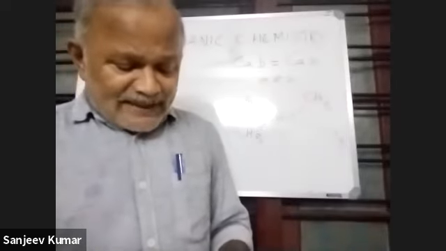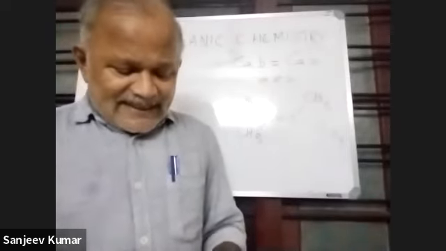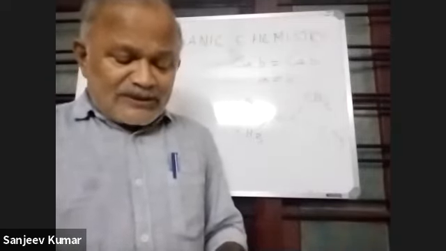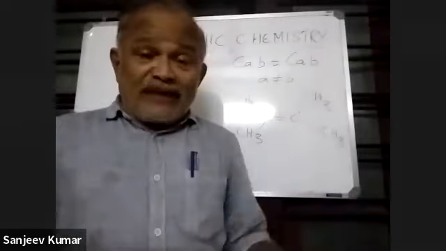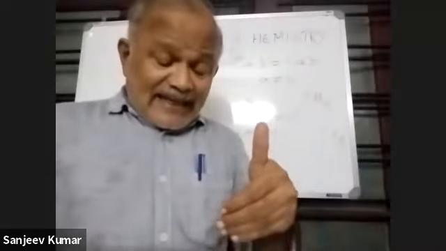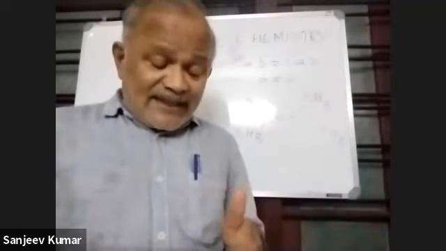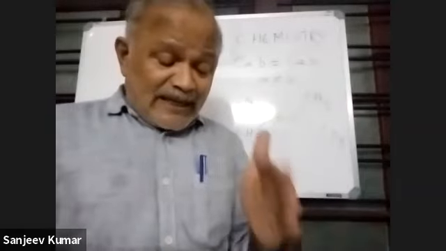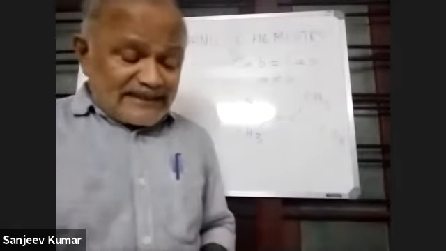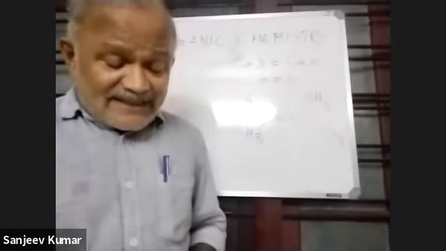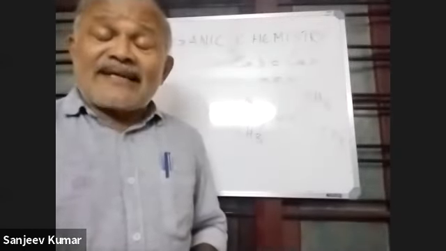Identify the major product in the following reaction, that is C6H5, CH2, CH double bond CH2 plus HBr. Usually we will see that the addition follows electrophilic addition, and therefore we will expect, according to Markovnikov rule, bromine is added to the second carbon atom, but there is a difference because of the benzene ring.